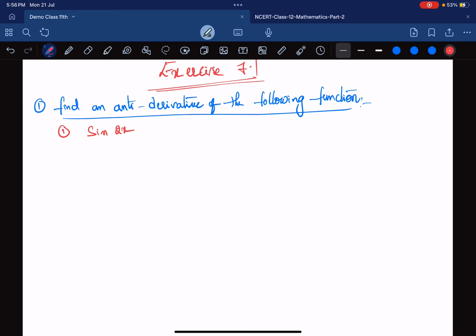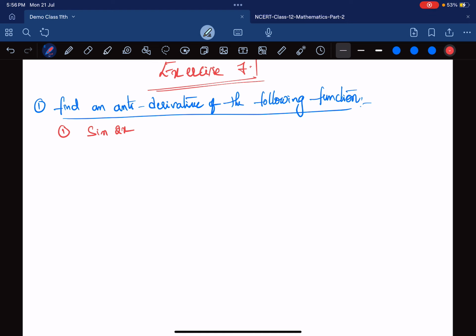So here, what is given? Sin x is given. We know that the derivative of sin x is cos x.